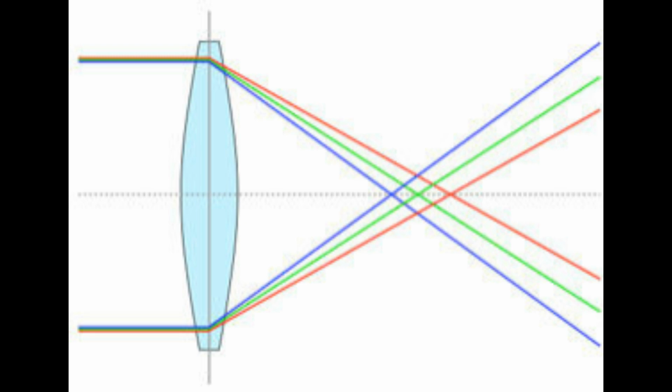So the glass actually separates the light waves or disperses it according to the energy level. The dispersion of light is what causes the dreaded chromatic aberration.